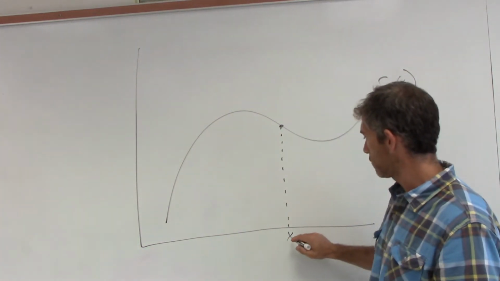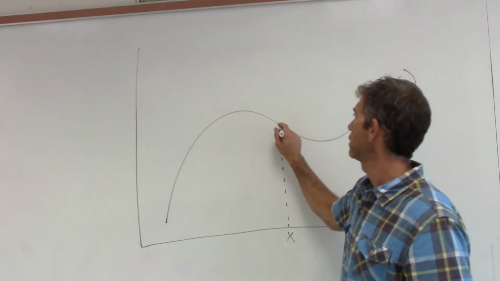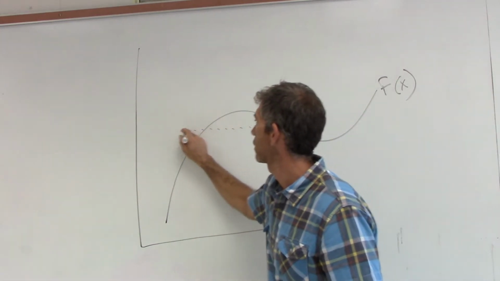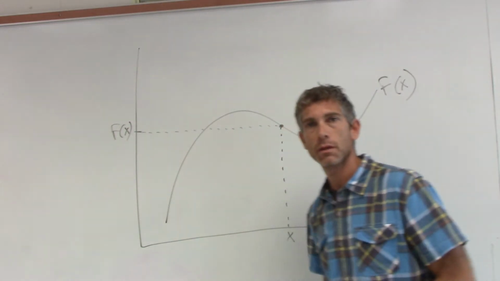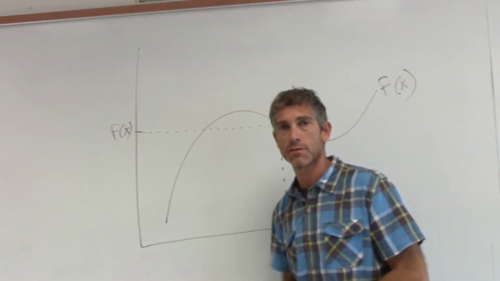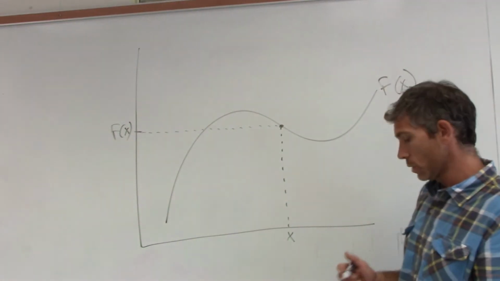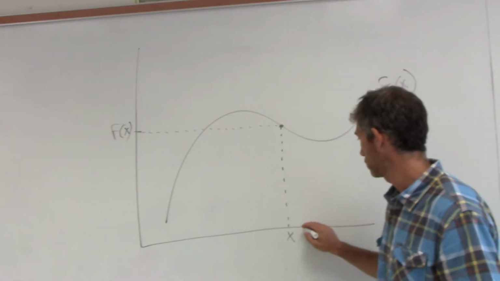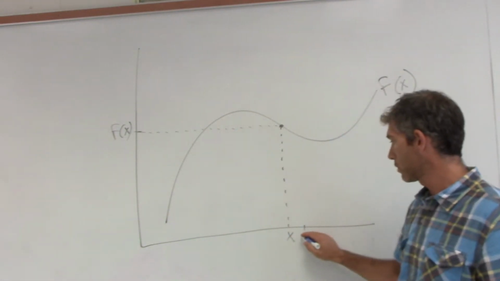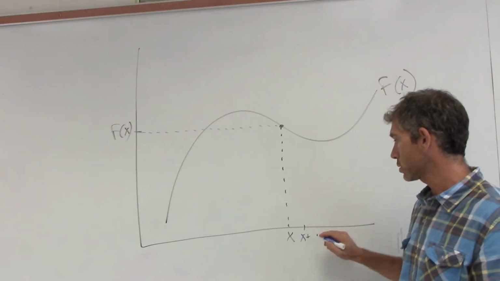So we have this x value, which, if we wanted to figure out its value, would be f of x. It would be the output at that specific x value. And then we could take some other x value, maybe over here, x plus 1.